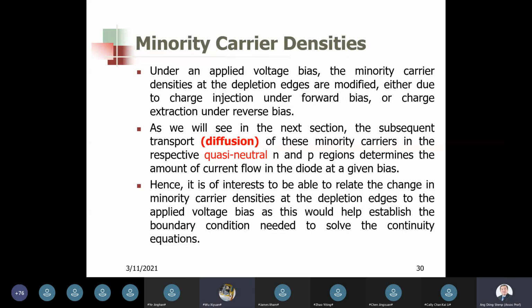This slide simply summarizes what I've just said. Under externally applied voltage, the minority carrier concentration at the depletion edges are modified. So we need to learn how to derive them.